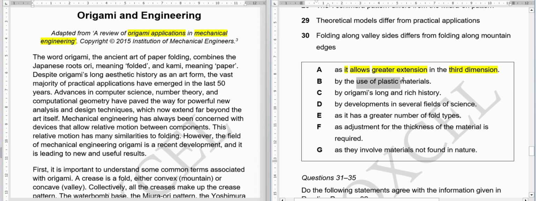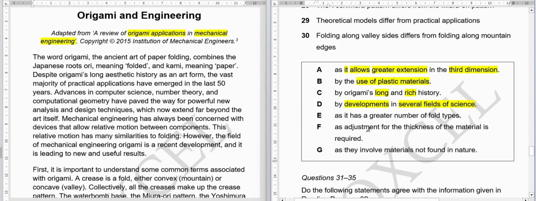Use of plastic material, so we can use plastic materials for this. Origami's long and rich history, so this history is not only long but it is rich also. By developments in several fields of science, so we are getting developments in not only one aspect of science but several fields of science.